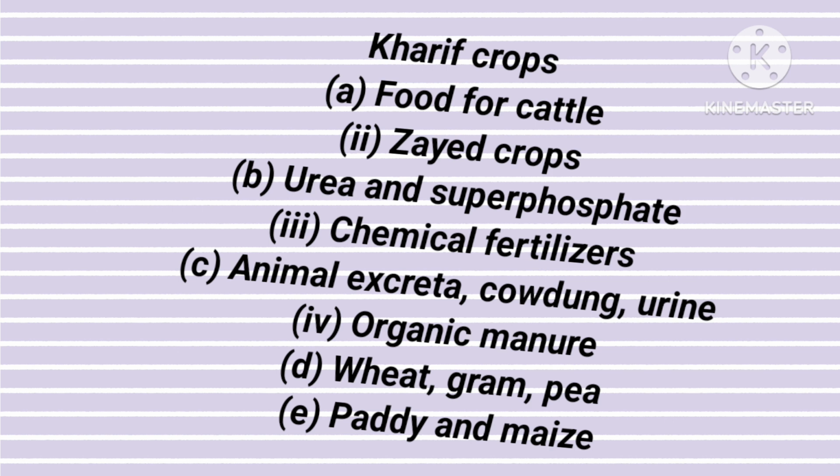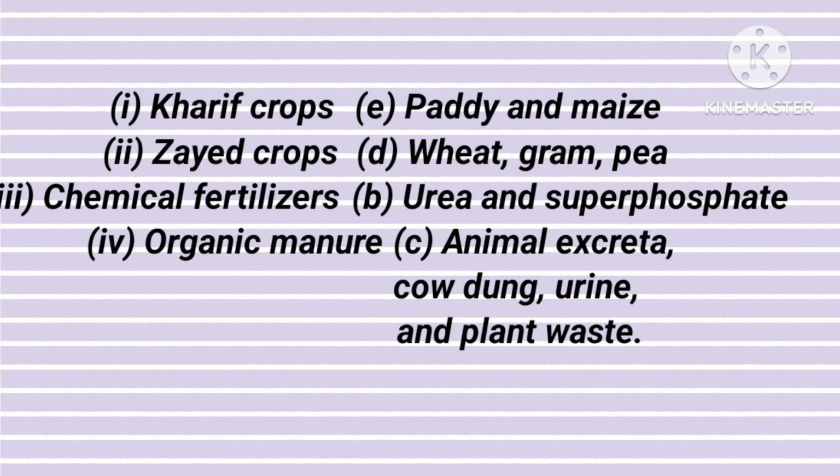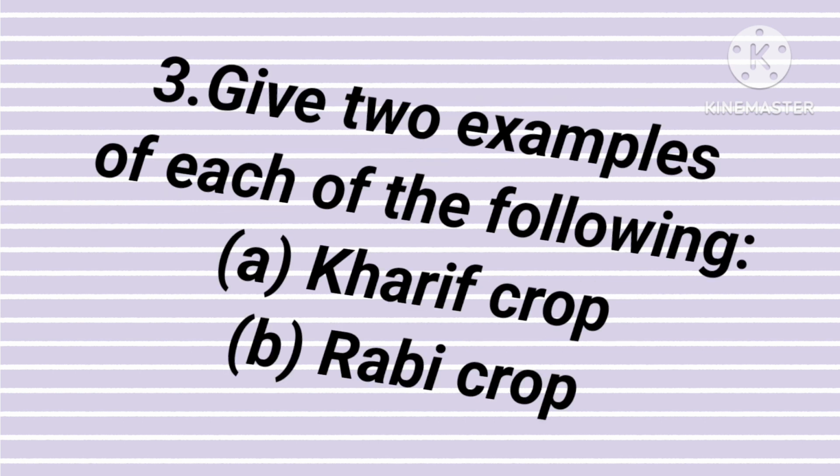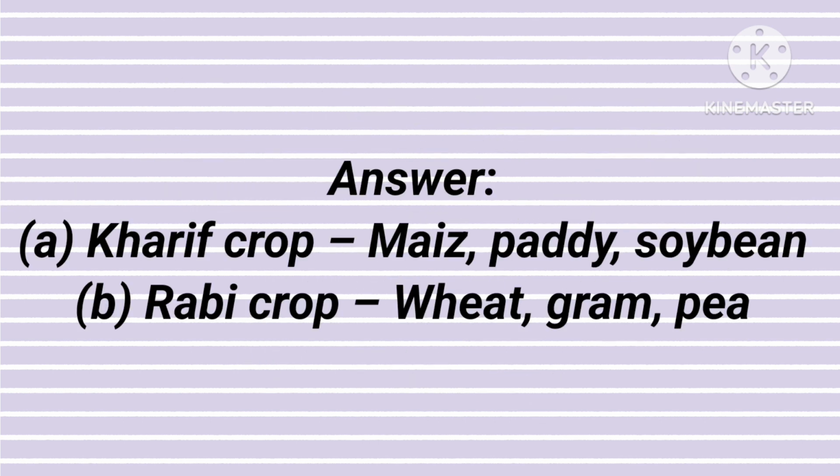So that is the match the following. You have to check which is the answer. Kharif, paddy and the maize; Zaid, wheat and gram; chemical fertilizers, urea, etc.